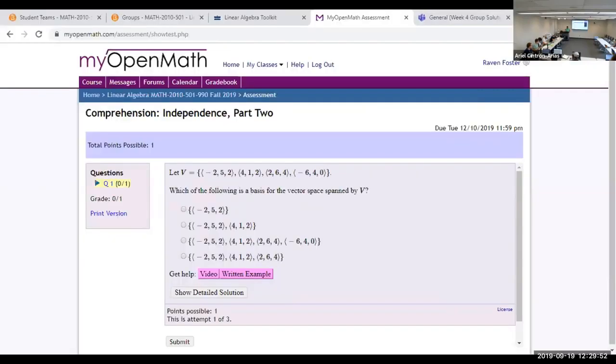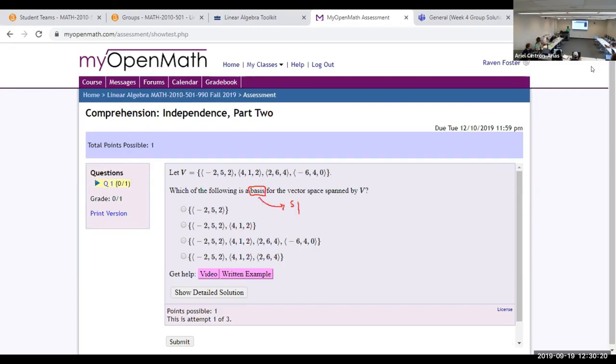Okay, so which of the following? Here there is a word, and we will talk more about this later, but it means two things.